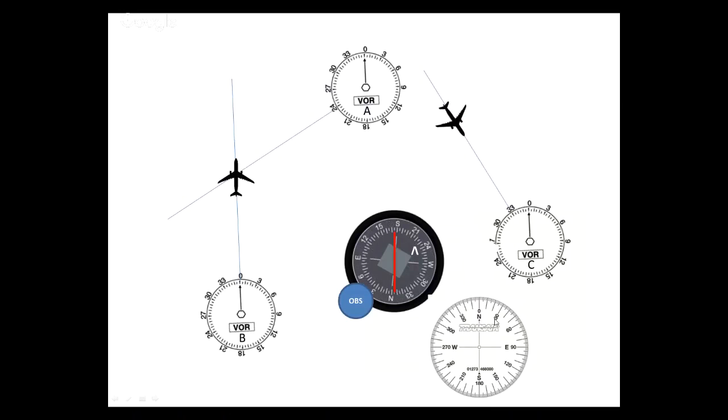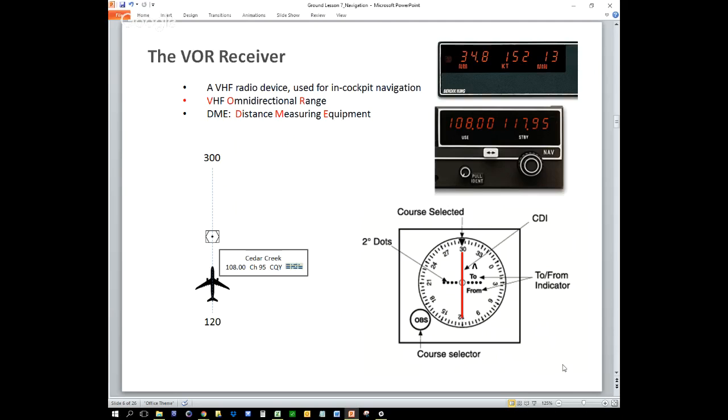And so, what you can do if you get really good at using VORs is you can actually find a point in space. You can determine your location in space by using two VORs tuned into their frequencies and centering the course deviation indicator.